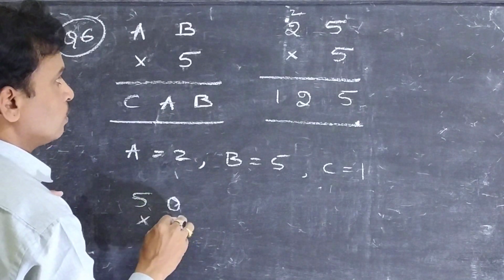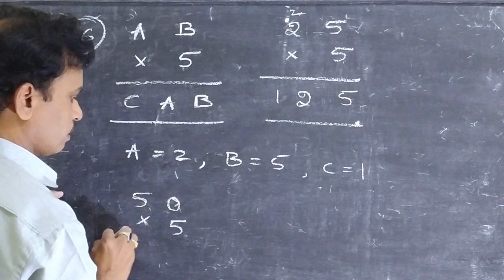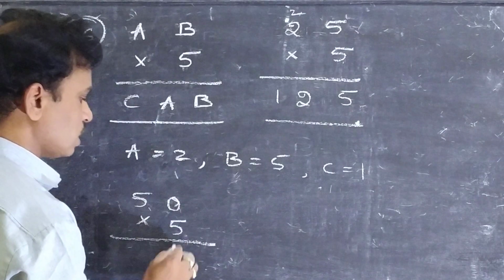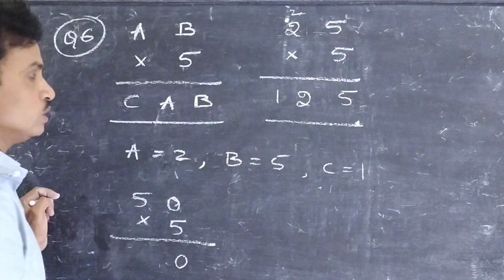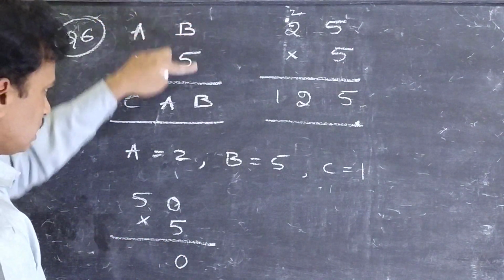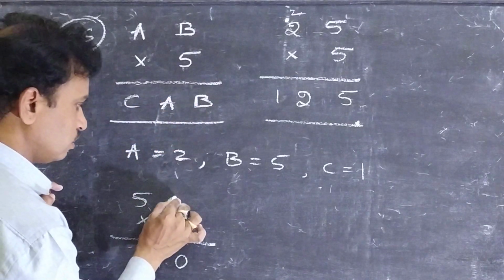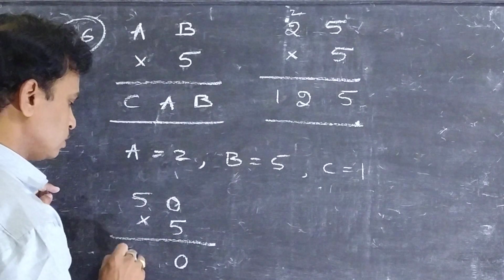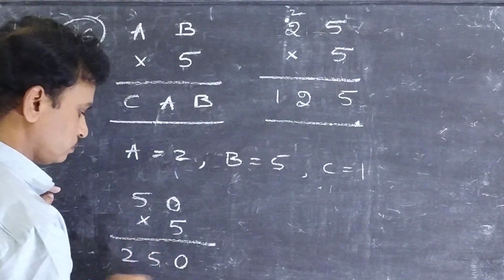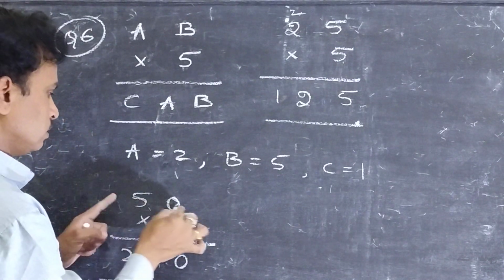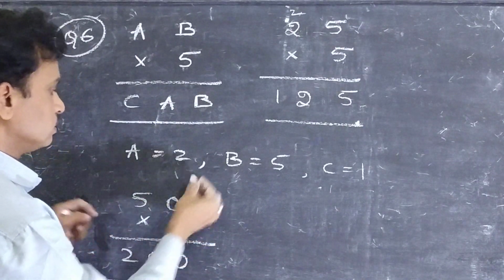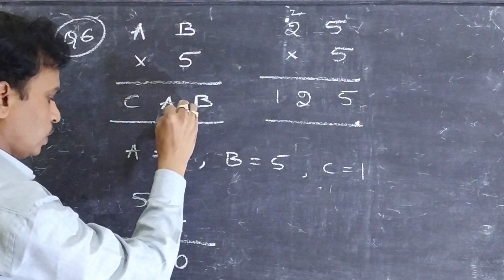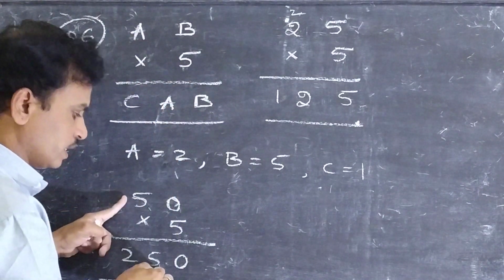Again we can take one more problem, that is 50 into 5. 5 zeros are 0. Now here B letter is there, here also B letter. Here 0, here also getting 0. 5 fives are 25. Now see, here 0, same 0, B, B. Then A, here also A. Then 5, here also getting 5.